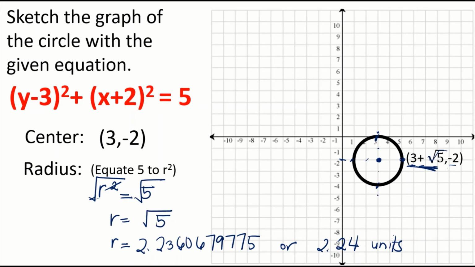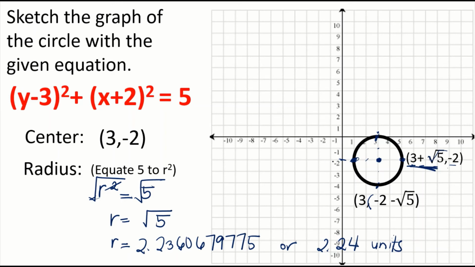Okay, another one here is we have, mag-add tayo ng square root of 5 mula kay negative 2. So, pababa, we have 3, negative 2 minus square root of 5. So, kaya yan naging minus kasi pababa tayo. We are going to subtract square root of 5 doon kay radius.